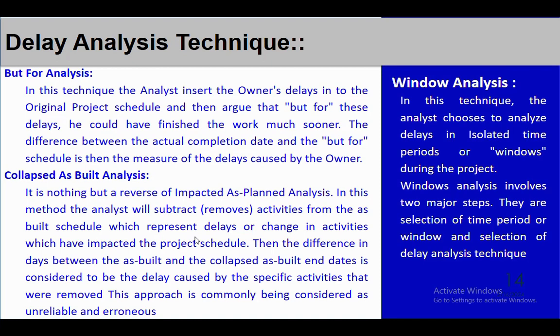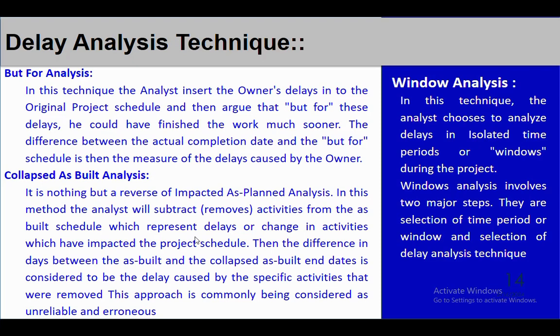Collapsed as built analysis. This is nothing but a reverse of impacted as planned analysis. Here what we do, we take an updated schedule, we remove or subtract the delay event from the updated schedule, and then we rerun the schedule. When we rerun the schedule, it becomes a collapsed as built analysis.